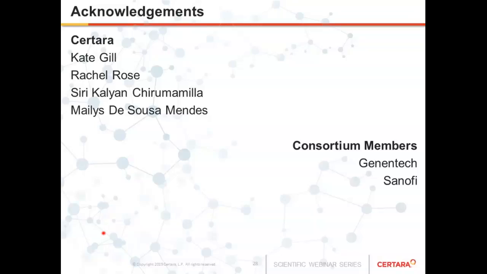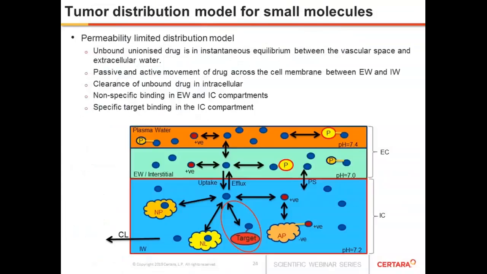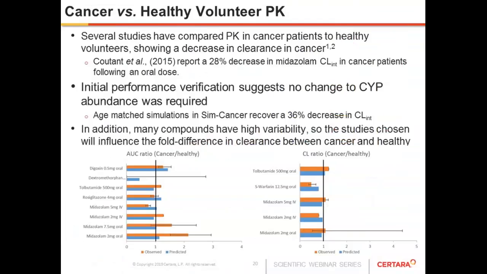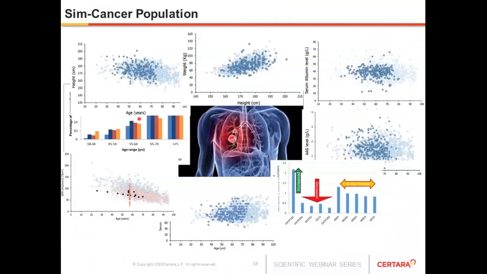Can you expand on the differences in transporters observed between healthy and cancer populations? Yeah, sure. If I go back to the slide, maybe that'll help. Sorry, this is a bit small, and I didn't have time to go through everything that we did on the transporter side.